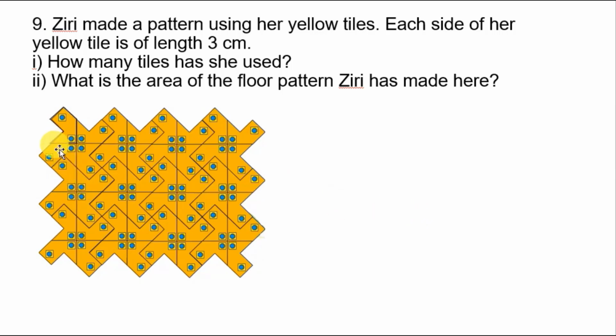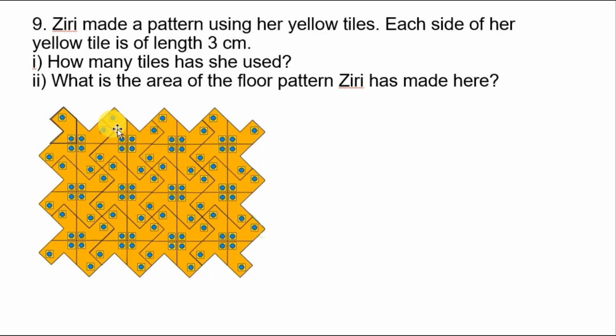See, this tile exactly fits in this shape. That is, in this shape, we have 4 such tiles. 1, 2, 3, 4. So, in each shape, we have 4 such tiles.